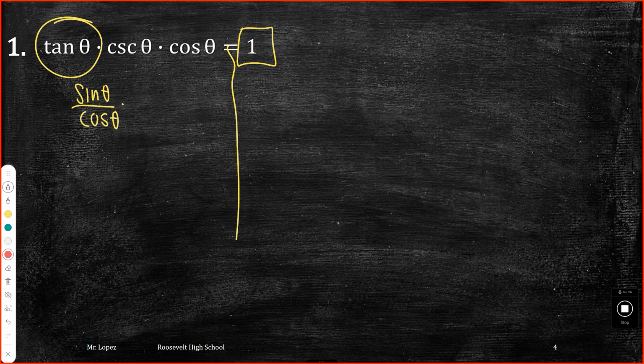What's suggestion 1? Change it to sine or cosine. But what's the cosecant theta going to be? Not just sine, but what? 1 over sine theta. And cosine theta. What did I say about cosine and sine? They're as simple as they could get. Don't change those. Leave them alone. And then answer.